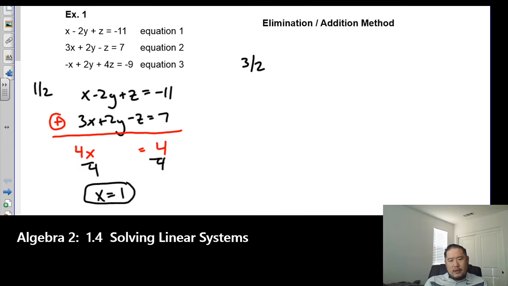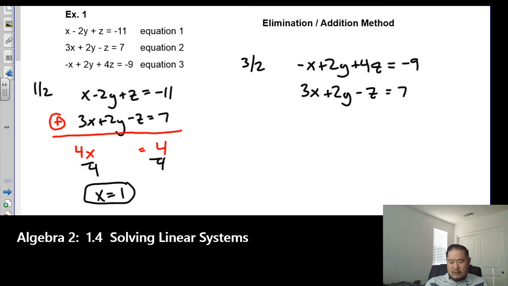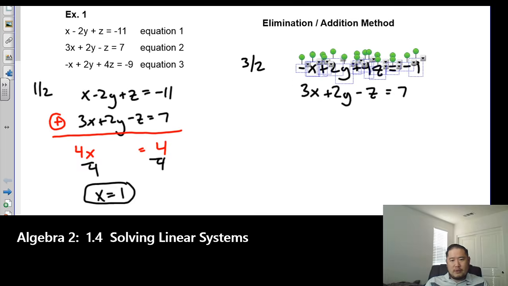So let me set up equation 3 on top: negative x plus 2y plus 4z is equal to negative 9. And right below that, 3x plus 2y minus z is equal to 7. Okay, so those are the 2 equations that we're going to use this time around.